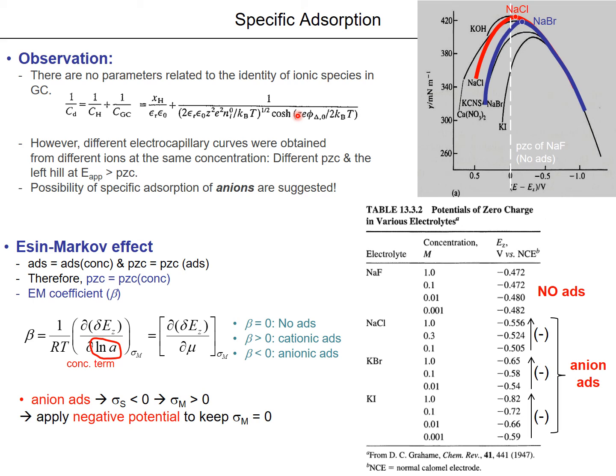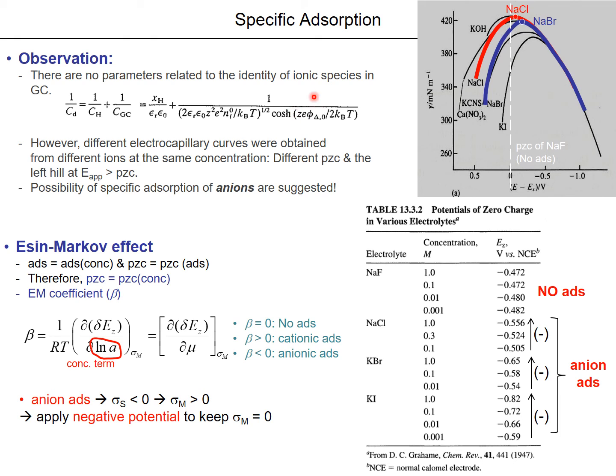However, if you compare between the electrolytes having the same value of Z, I mean number of charges, like sodium plus and lithium plus, then it is not an important parameter to distinguish between ionic species. So even in that case, the Gouy-Chapman model cannot distinguish between ionic species if they have the same number of charge.